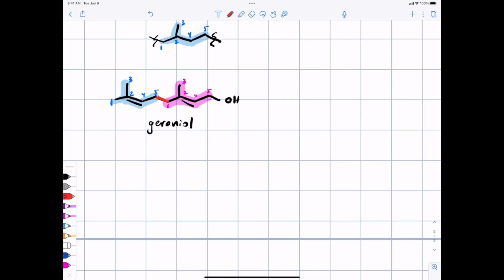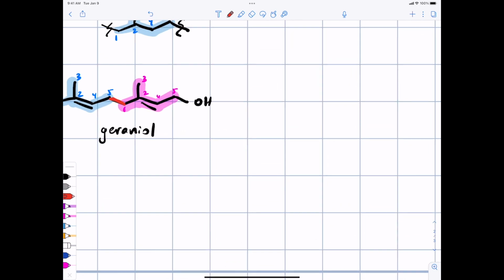Should we? Why not? This one's horrible. This is called alpha-pinene.